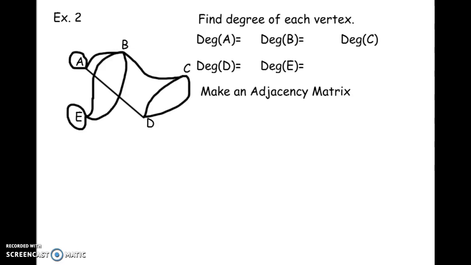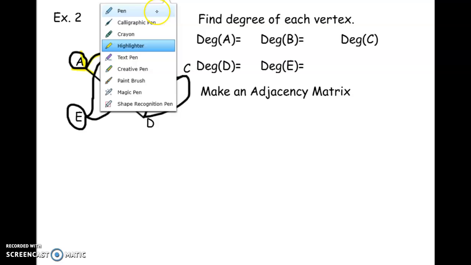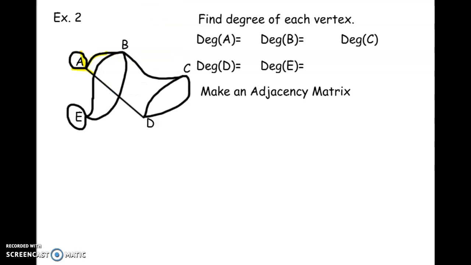Find the degree of each vertex. So what you want to do is start at A and figure out how many lines are coming from A. So we had 1 here, there's 1, there's 2, there's 3, and there's 4. So the degree of A is 4, with 4 lines coming from it. So we're going to say 4. Okay, B had 1, 2, 3, 4.